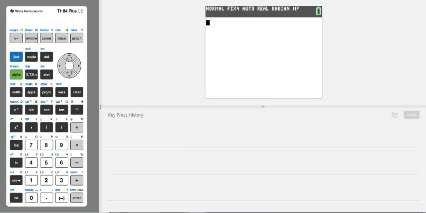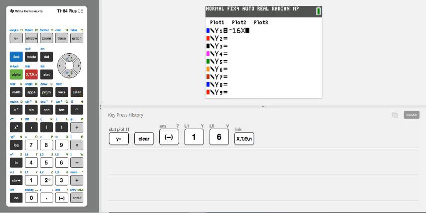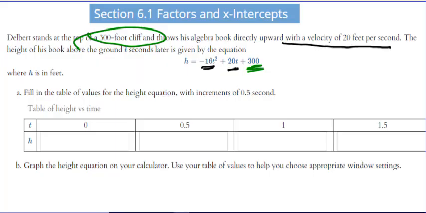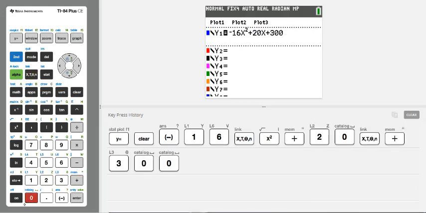Hit clear here. So negative 16 x squared plus, was it 30? No, 20. 20x plus 300. All right, so we're going to hit graph.